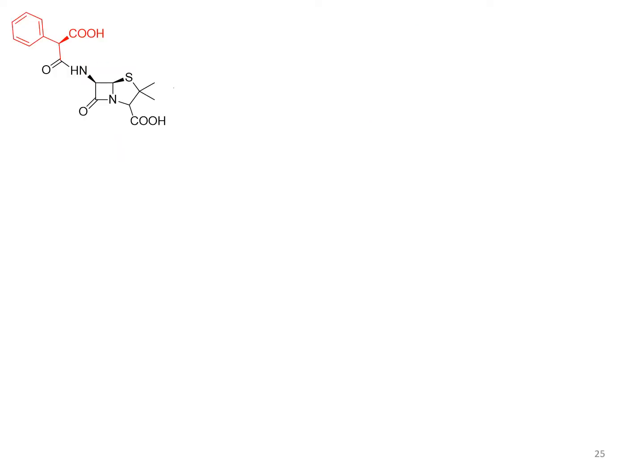One issue seen with carbenicillin is epimerization. The acidic alpha proton in carbenicillin undergoes deprotonation in vivo, resulting in formation of a carbanion conjugate base, where the alpha carbon is sp2 hybridized with a planar geometry.